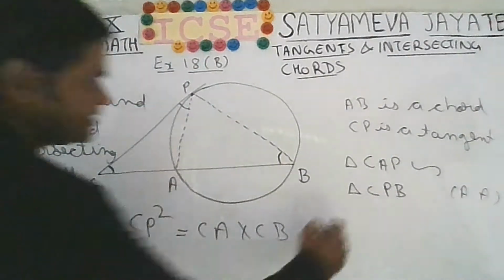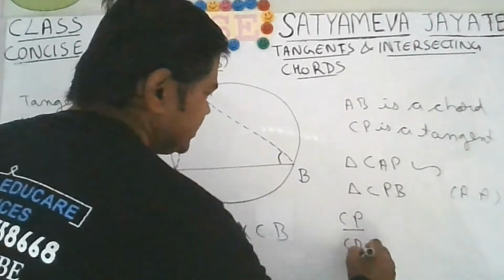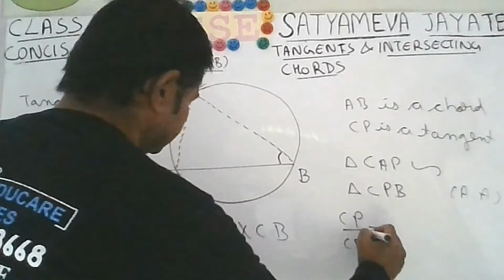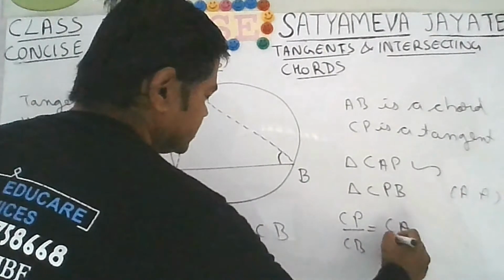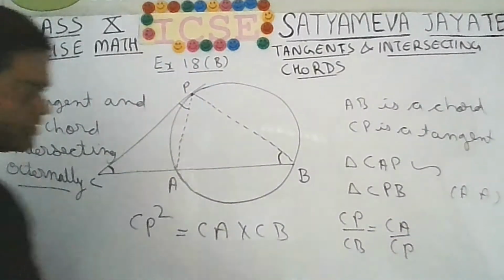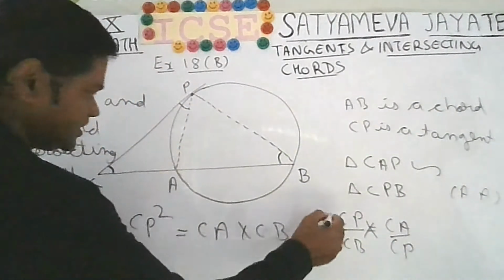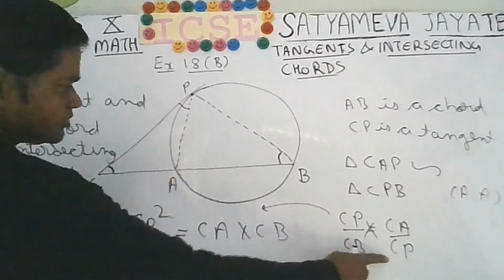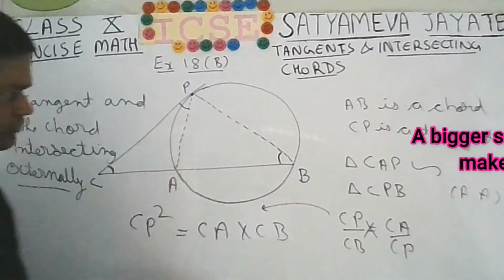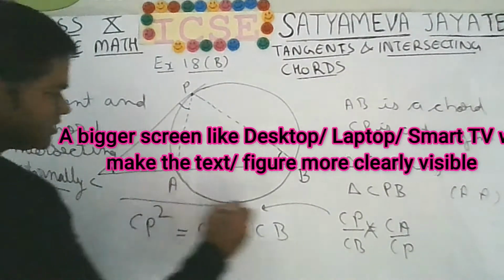If they are similar, then CP upon CB will be equal to CA upon CP. Cross multiplying, you get CP into CP, so CP square will be equal to CA into CB, the same result.